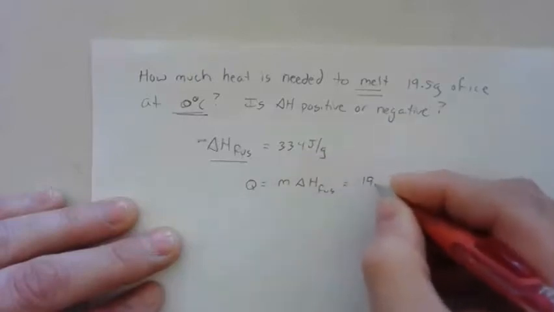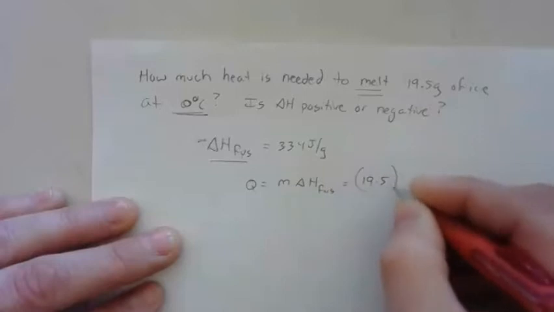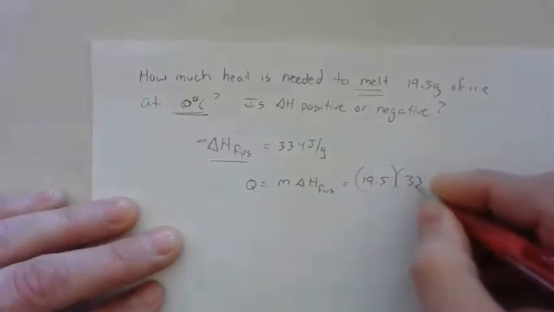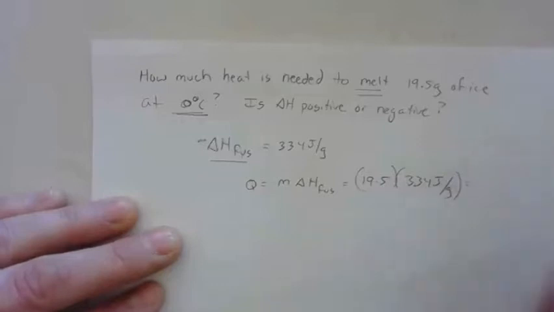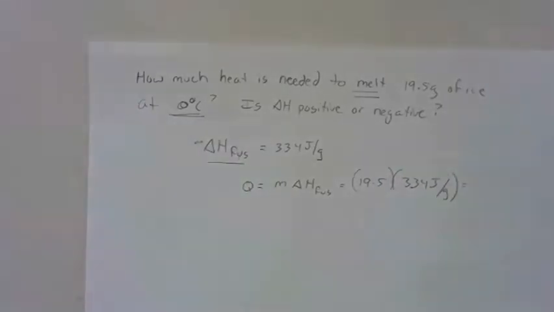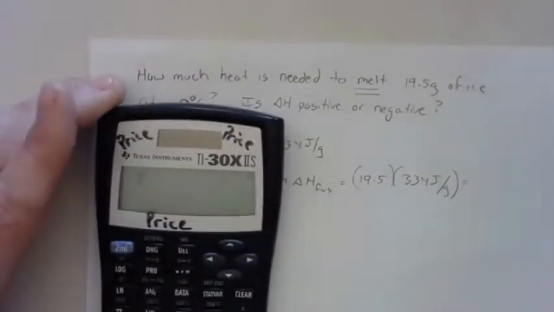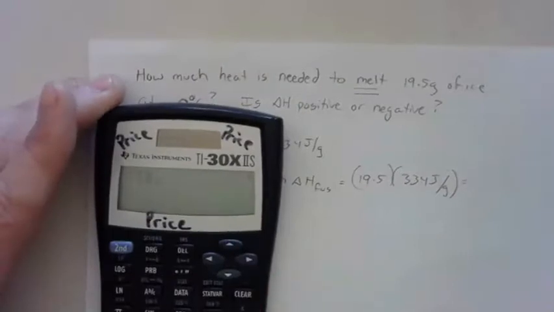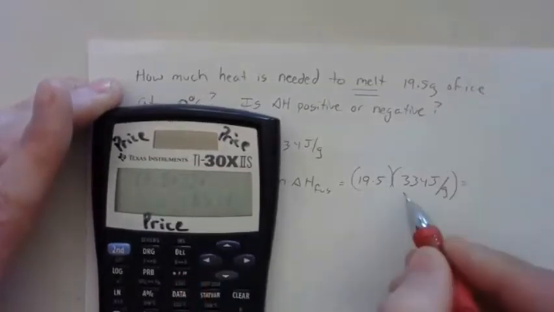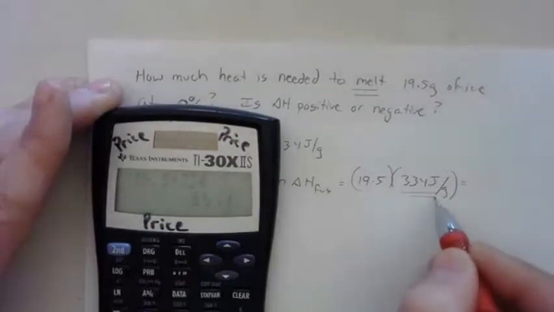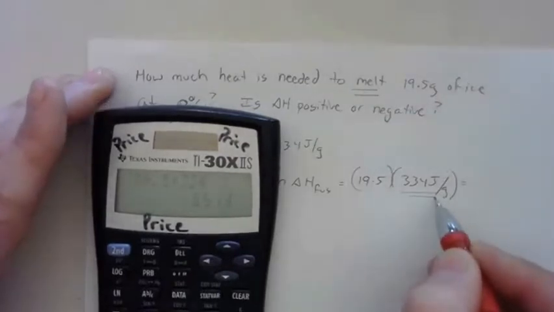The mass is 19.5, and we're going to multiply it by 334 joules per gram. On my calculator, 19.5 times 334 equals, I get 6,513. Well, we don't use this number for significant figures because that's a constant.